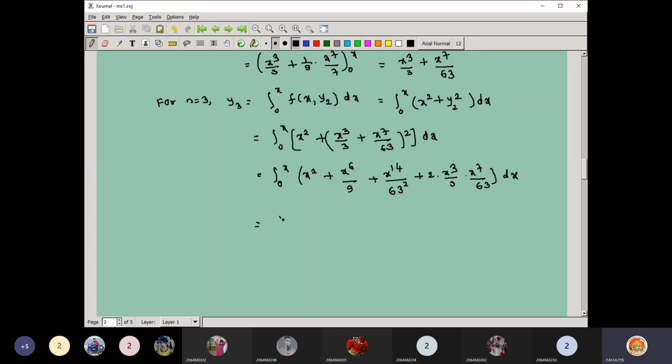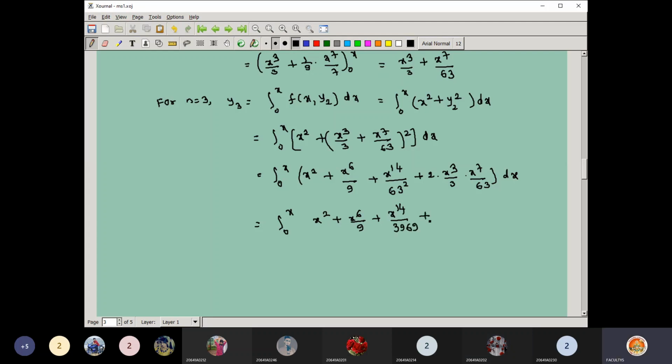So first I do the simplification from 0 to x. I am getting x squared plus x to the power of 6 by 9 plus x to the power of 14 divided by 63 squared. What is 63 squared? It is 3969. Okay, 3969.